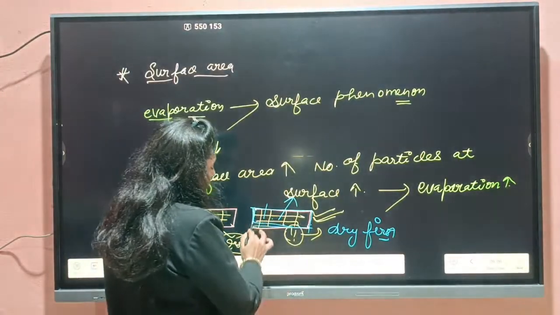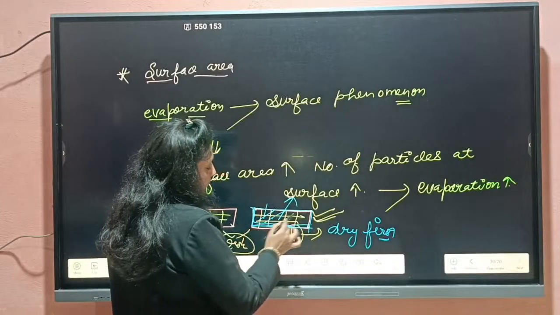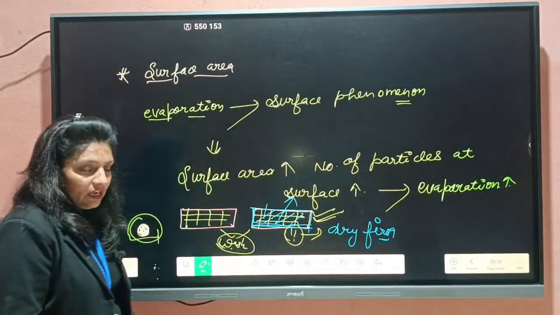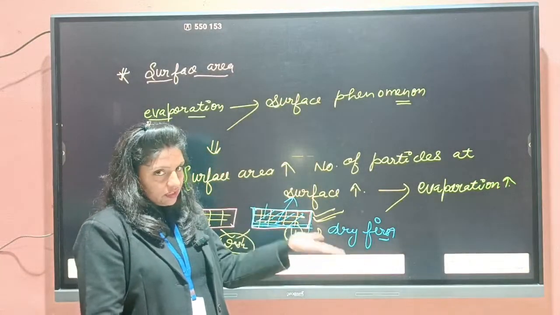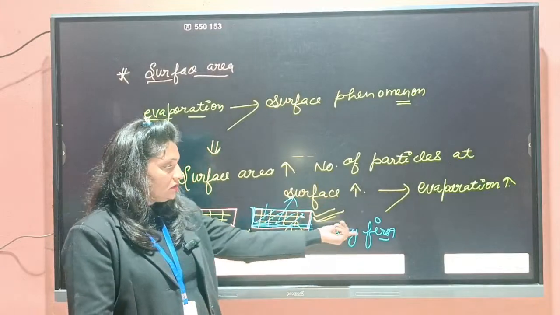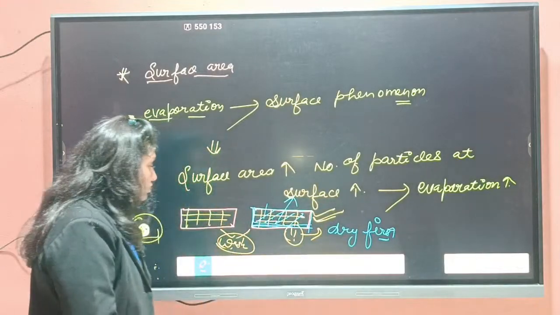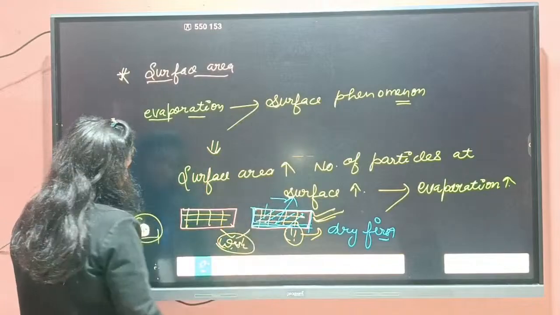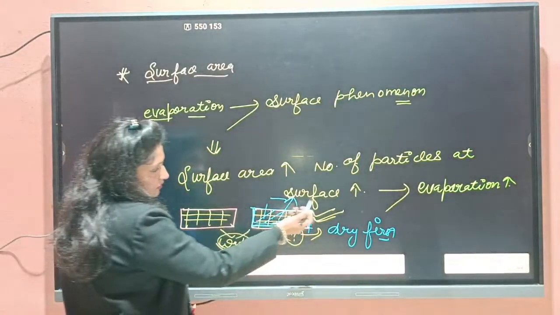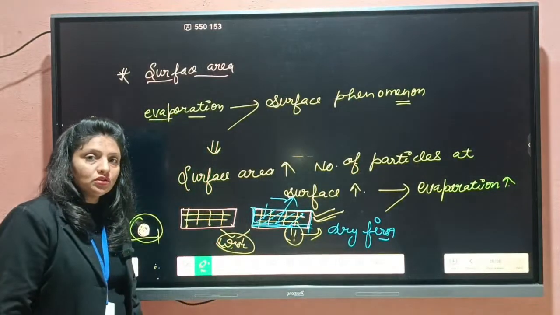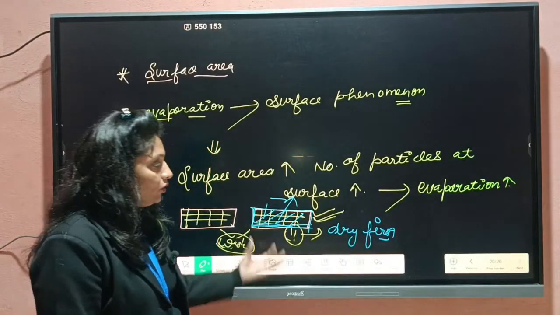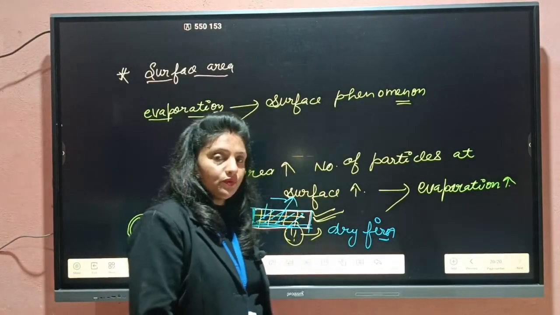So evaporation will be fast, all water will convert into vapors, and our clothes will get dry. So students, if surface area increases, then the evaporation process also increases. I hope this point is also clear to you.